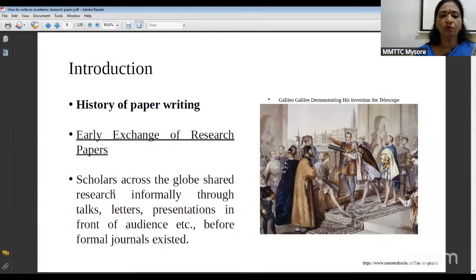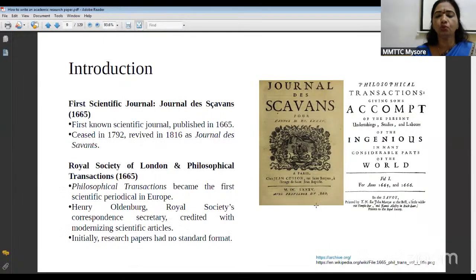Scholars across the globe shared research informally through talks, letters, and presentations in front of an audience. They used to pass on their message through singing, painting, or making sculptures, and that is how they passed their discoveries and work on to future generations.